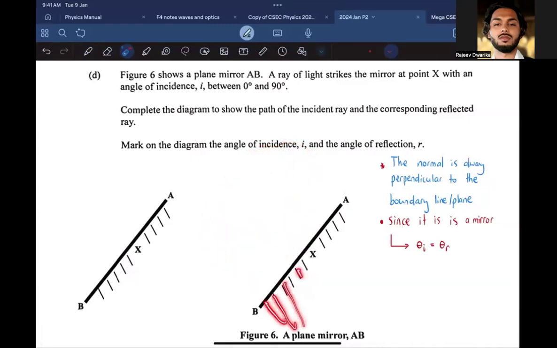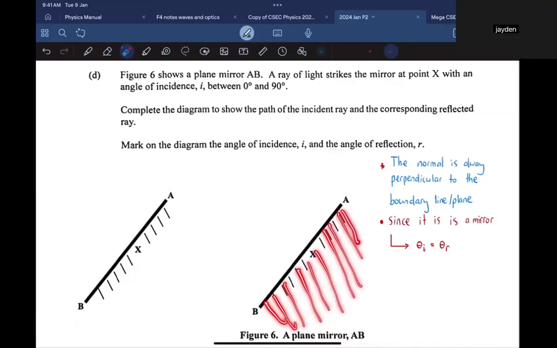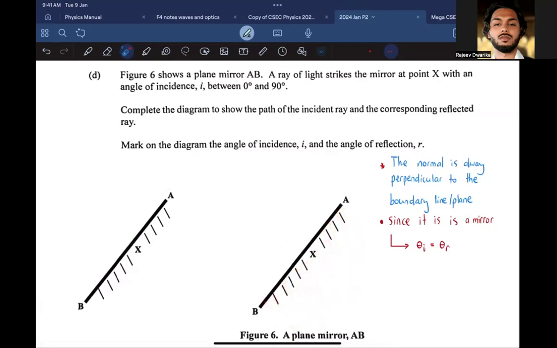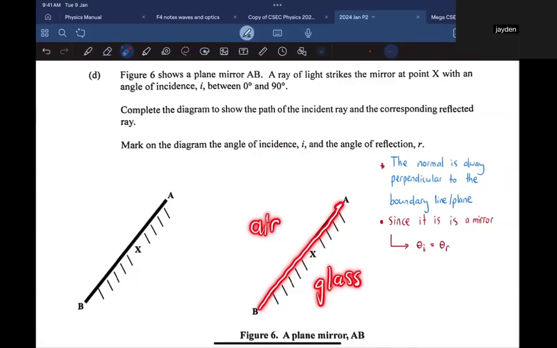Behind the mirror is what? Air too. No, glass. What's a mirror made of? Glass. Right. So in the middle, you would have a line between air and glass. Isn't it true that both of them have different densities?